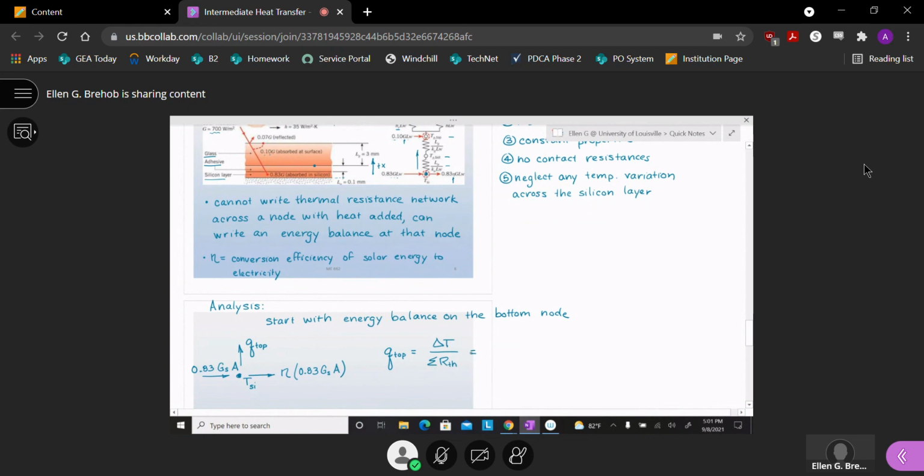And I've just written the really basic equation that may stick with people to remember how these work: I want to have temperature difference on top. I want to have thermal resistances on the bottom. Okay. So if I'm working between those temperature nodes, the resistances I need are through the adhesive and through the glass.